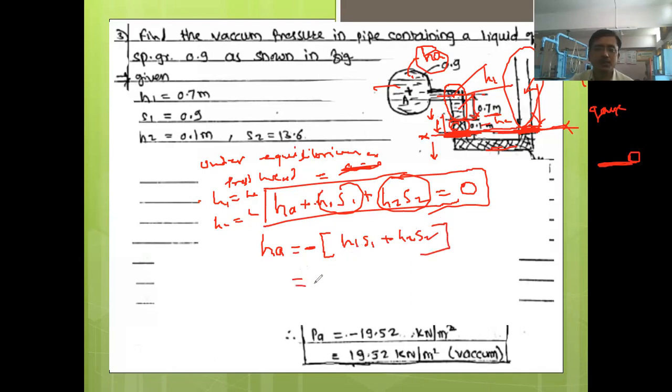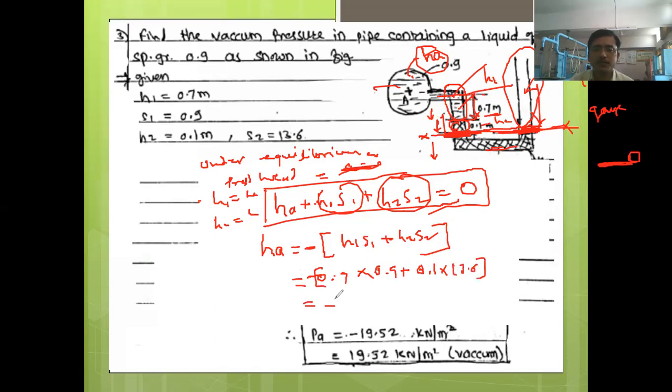Now put the values. What is h1? h1 is nothing but 0.7. So minus sign I will keep here, 0.7 multiplied by, what is s1? It is 0.9, plus, what is h2? It is 0.1 into, what is s2? It is 13.6.